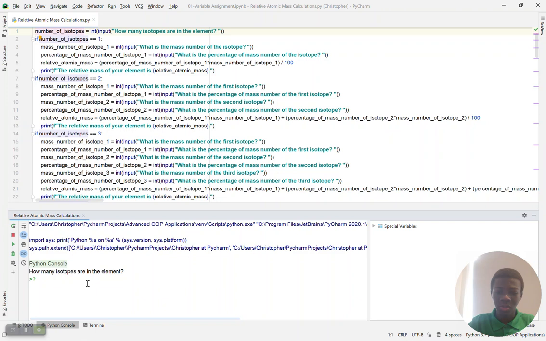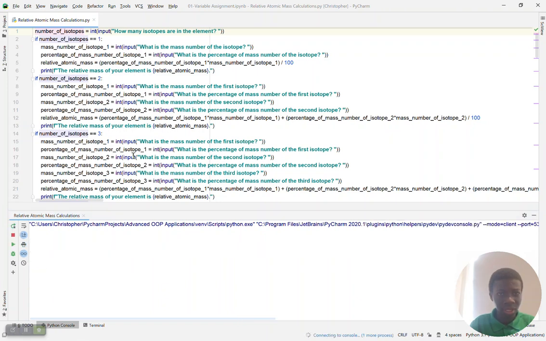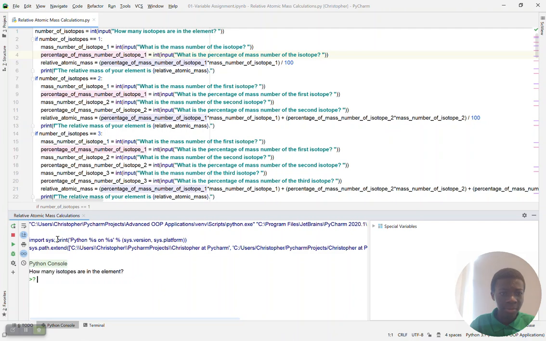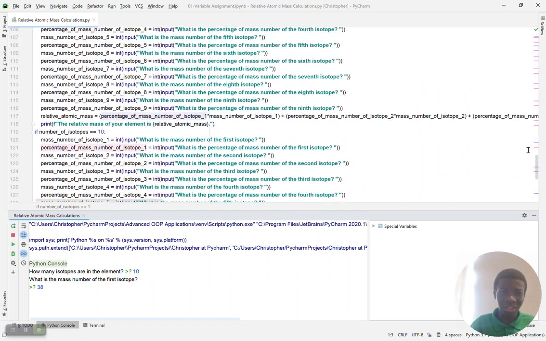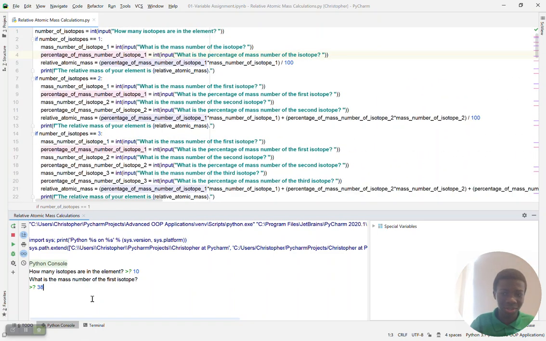So let's say we have 38 isotopes. It only asks us for the number. So the mass number is 38. Oh, I know why it didn't work like that. Because if it's above 10, it will definitely give you an error. It will definitely not answer.